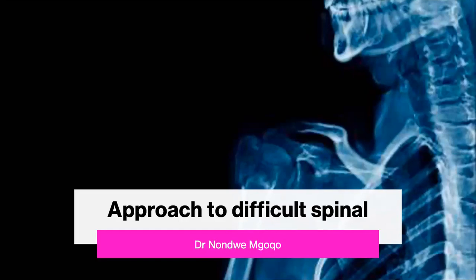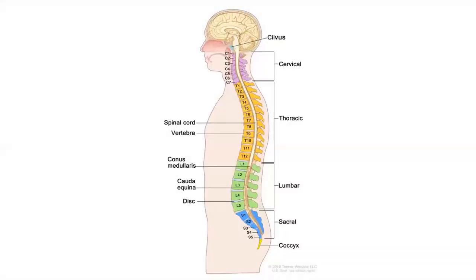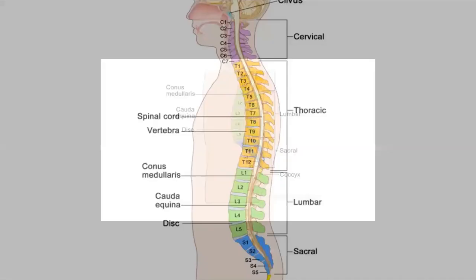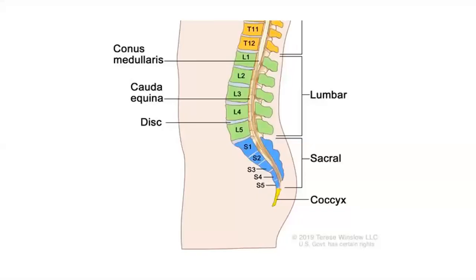So we're going to focus mostly on the anatomy of the vertebral column, and in that, zooming in on the spine. The area that I'd like us to focus on is the conus medullaris, which is the terminal ending of the spinal cord.